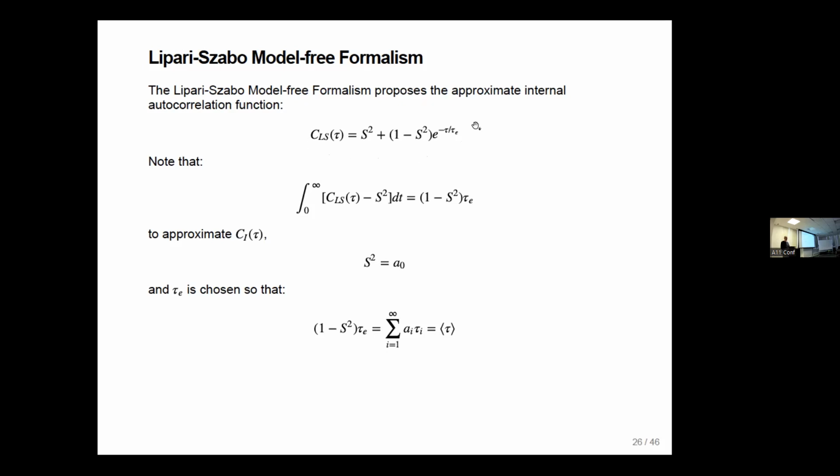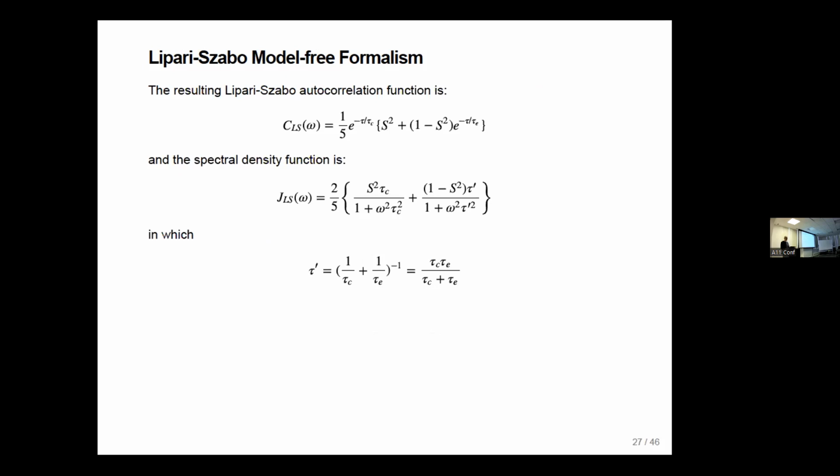At the same time, a very similar theory was developed by Halle and Wennerström, which they called the two-step approach. For historical reasons, the Lipari-Szabo treatment has been more adopted in practice, even though they're very similar in reality. And then if we Fourier transform, so there's the internal correlation function, we multiply it by the overall isotropic correlation function, Fourier transform, here's the spectral density function.